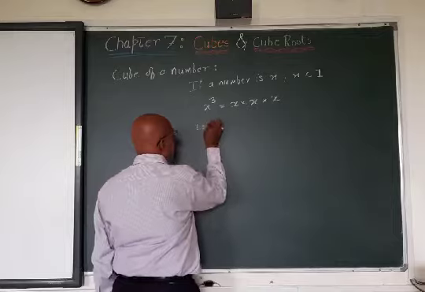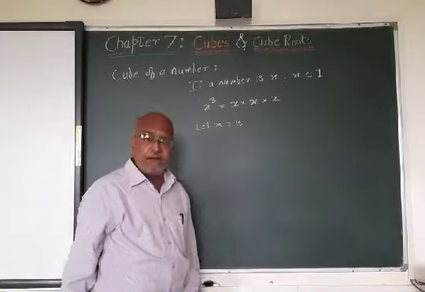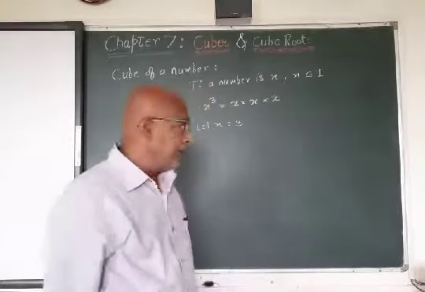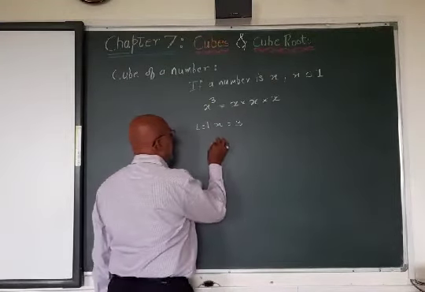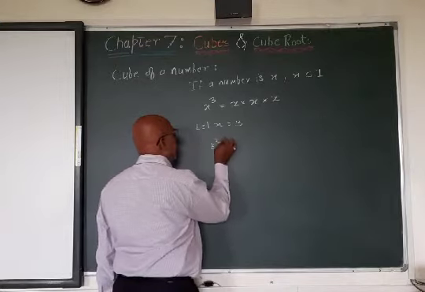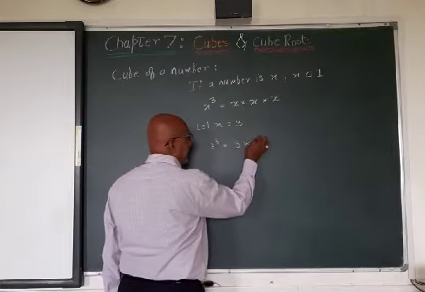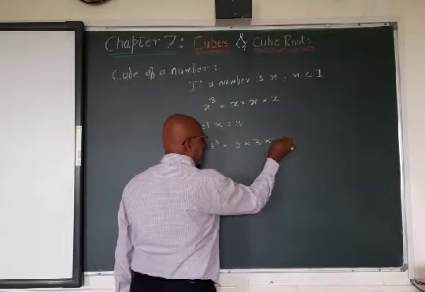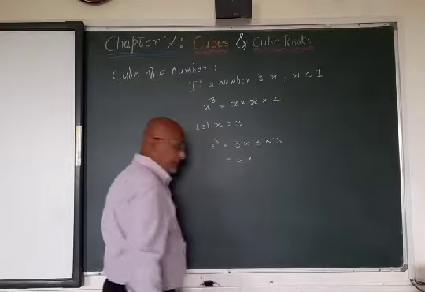Let x equal to 3. Now we know that 3 is a prime number. So 3 cubed will be equal to 3 into 3 into 3, that gives you 27.